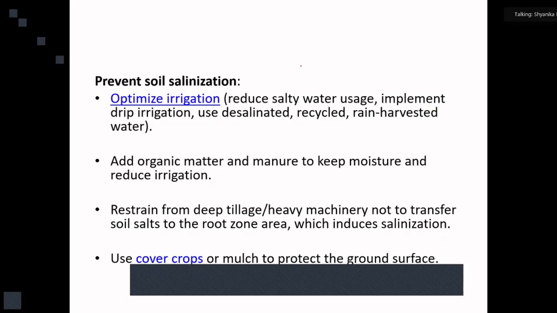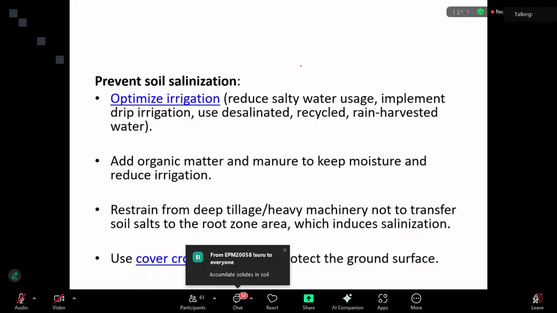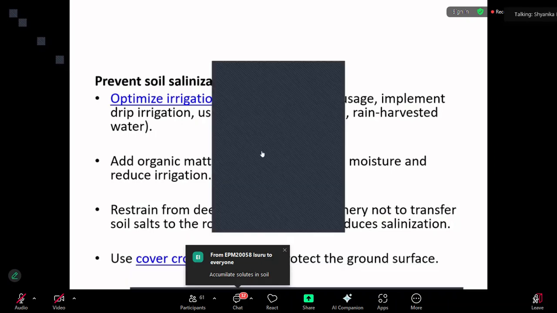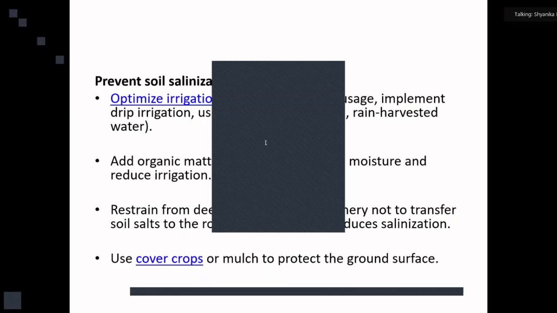Why does that happen? Yes, accumulating the salts, accumulating salt in the soil.